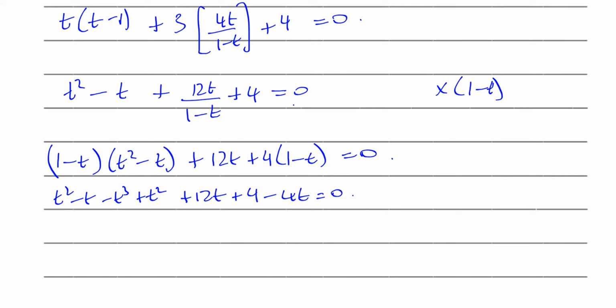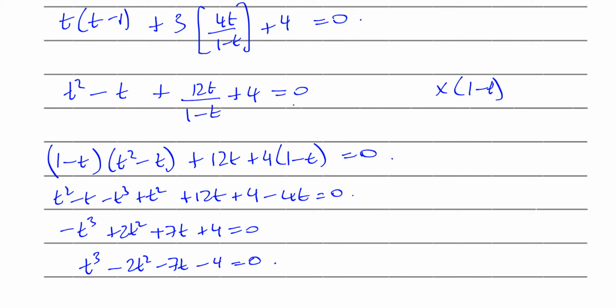Let's bring everything together. We've got minus t cubed. Then we've got t squared plus t squared, that's plus 2t squared. And then we've got minus t plus 12t minus 4t. So that's 12t minus 5t, which is plus 7t. And you've got plus 4 equals 0. Let me make the t cubed term positive just to make it a bit neater. So that's t cubed minus 2t squared minus 7t minus 4 equals 0.